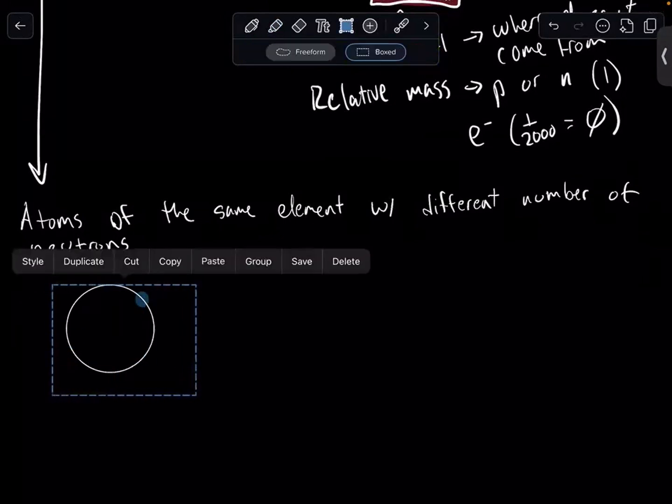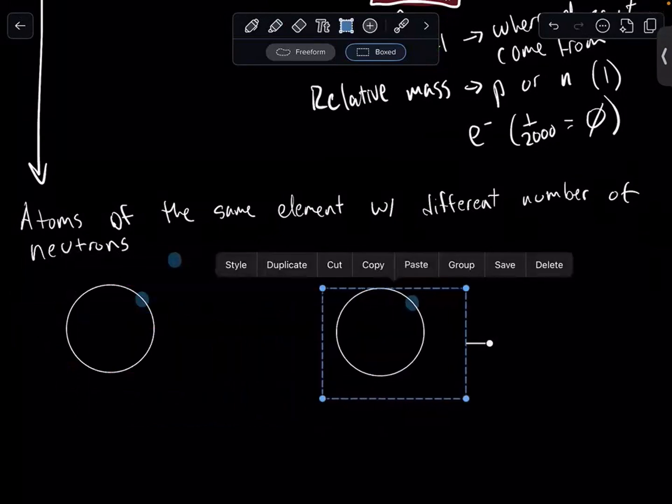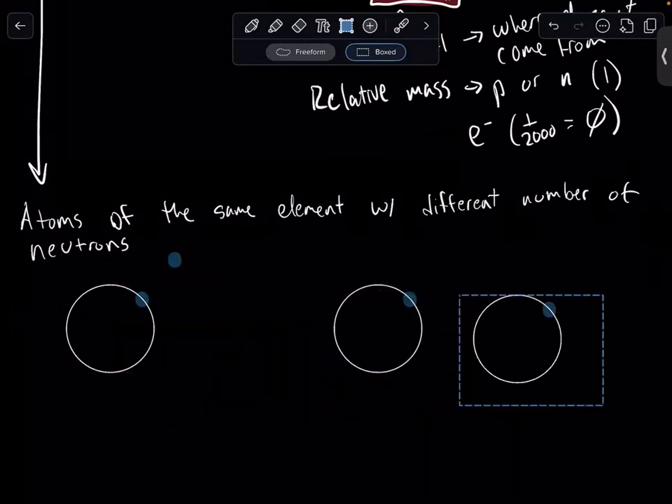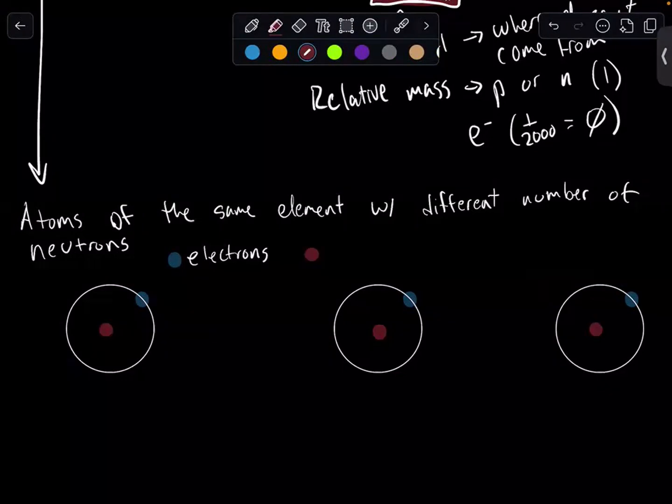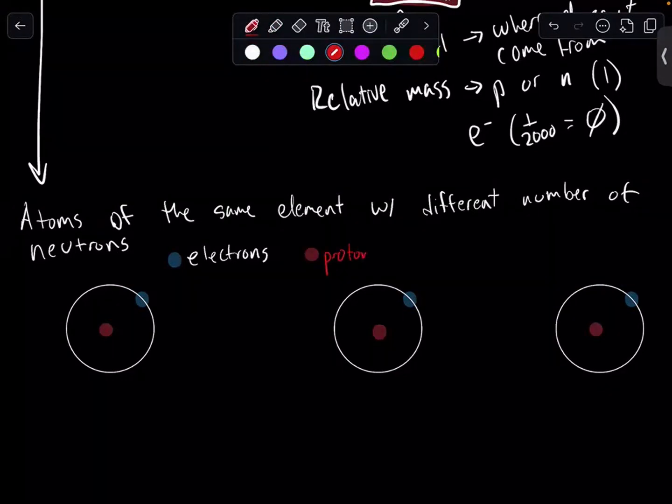Let me go ahead and copy this a couple times. We're going to use red to denote protons. They all have 1 proton. And we'll use green to denote neutrons.